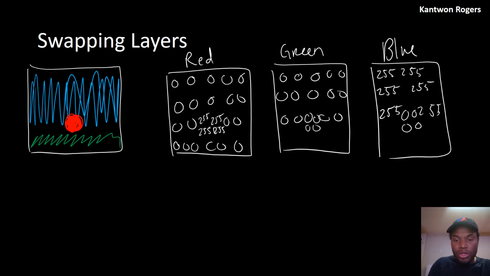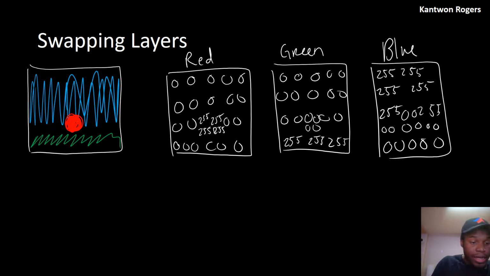My green is 255. And my blue is also all zeros. All of these up here are zeros. So that's what each of these layers looks like.